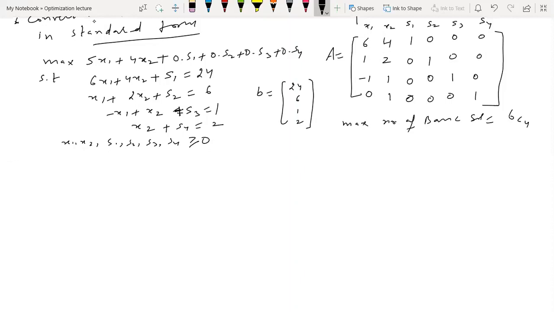Okay, so what we do in this case, we first construct a simplex table. To construct this simplex table, I need to have a feasible basis.